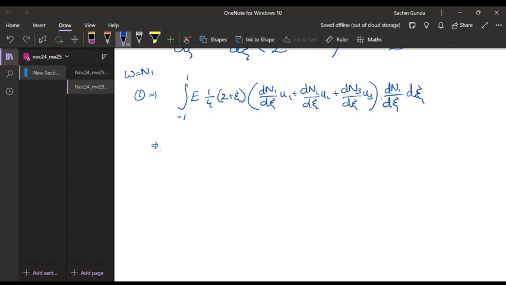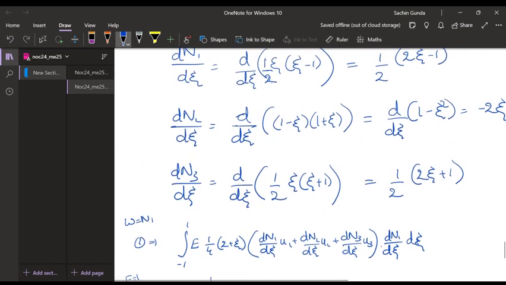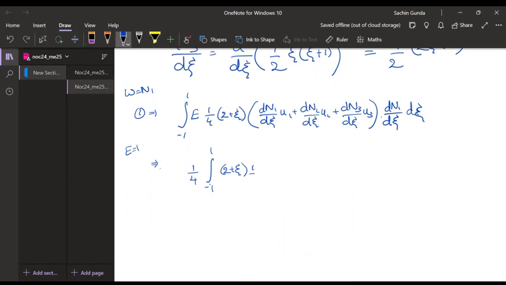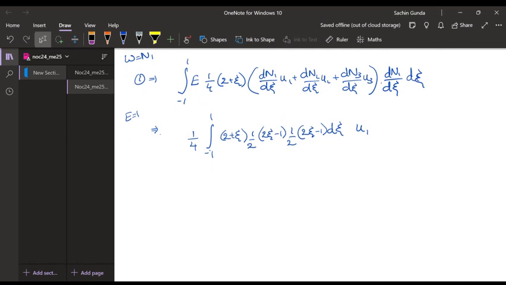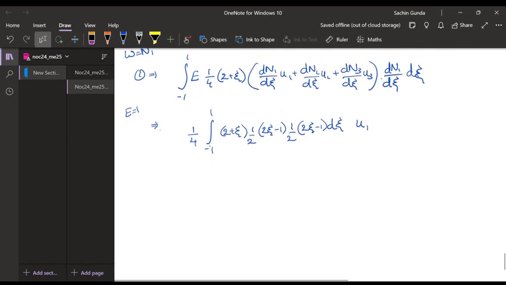If you substitute these terms, we assume E is equal to 1, so 1 by 4 integral from -1 to 1 of (2 plus zeta) times dN1 by d zeta, which is half of (2 zeta minus 1), times half of (2 zeta minus 1) d zeta u1. u1 is a constant, the value of the degree of freedom at the first node, so it can be taken out of the integral.